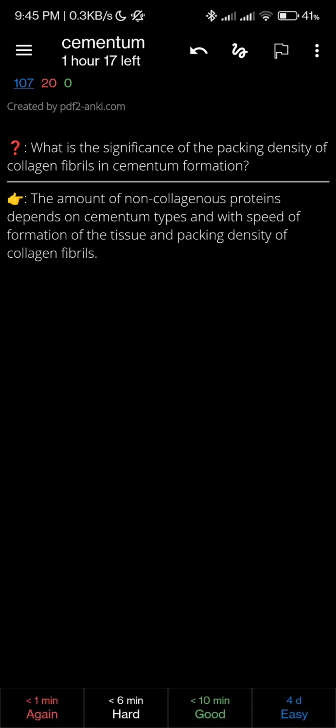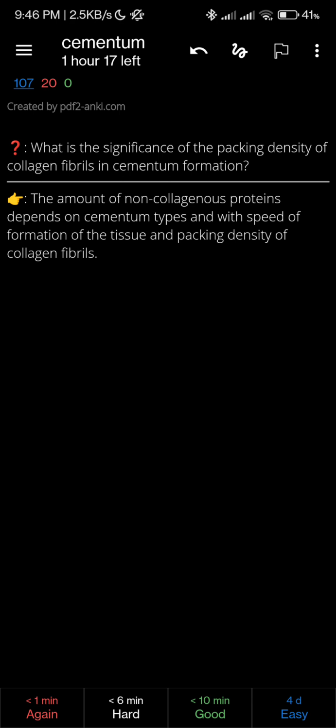The amount of collagenous and non-collagenous proteins depends on the cementum types, the speed of formation of the tissue, and the packing density of collagen fibrils.